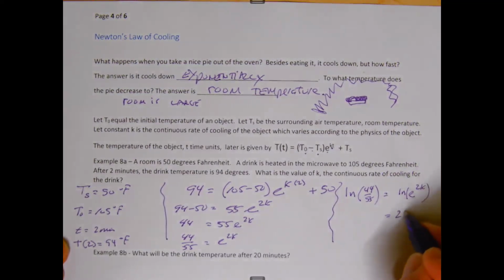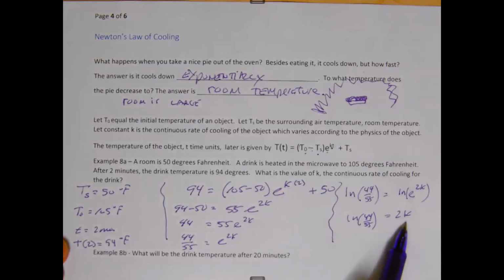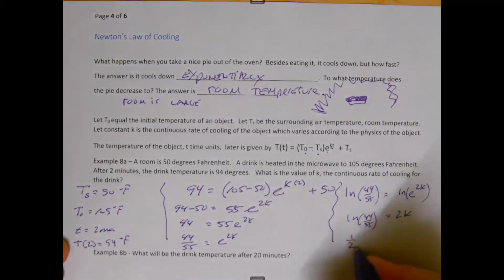I get 2k when I do that. Again, inverses: e takes the input somewhere and natural log brings it right back. That's why I get 2k. They just undo each other. And now divide by 2. And bingo, I have k.